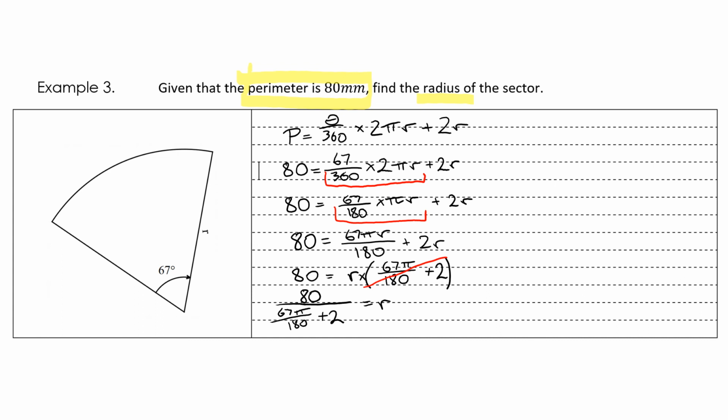So be careful in your calculator: 67 pi over 180 plus 2. And you should get that r equals 25.241. So we're at 25.24.